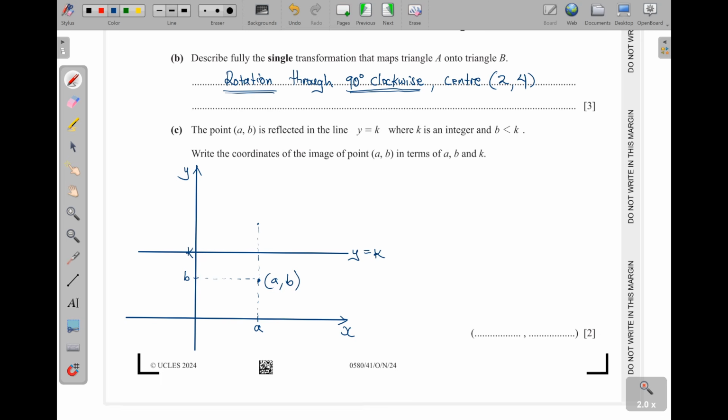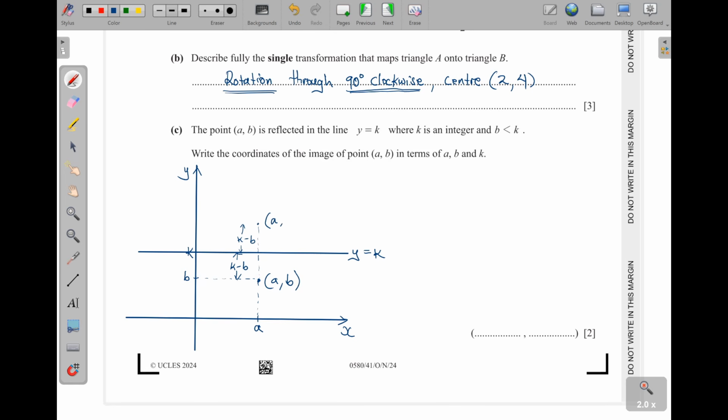Remember, this length is going to be k minus b, in between these two here. So even here, the distance will be k minus b. The x coordinate remains because you are reflecting in the horizontal line, so it will be a.